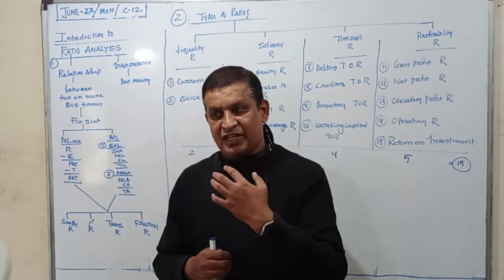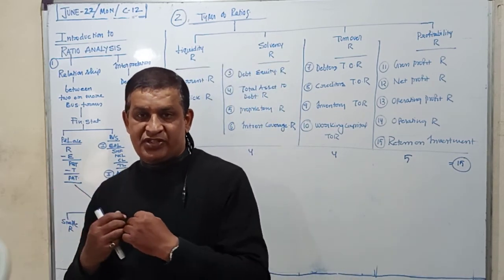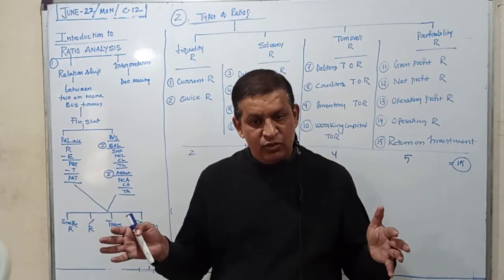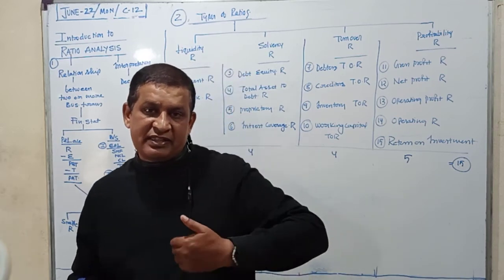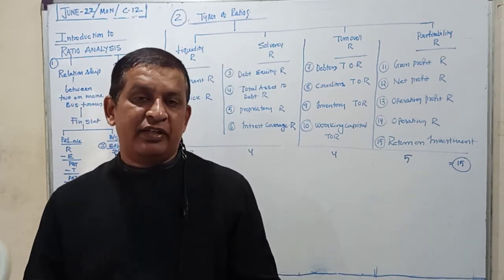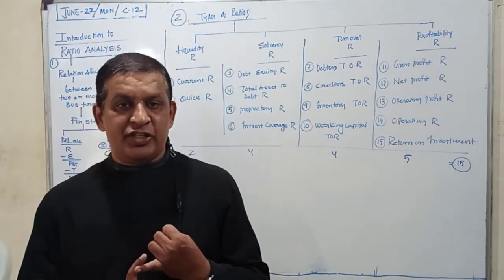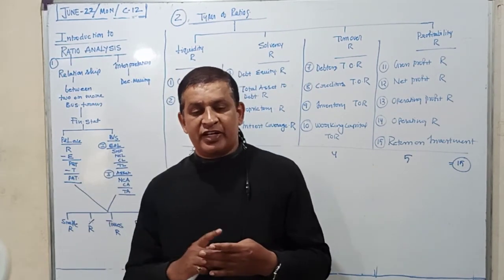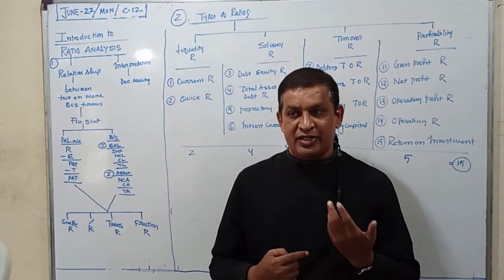So from these financial statements, we draw certain business transactions and we try to relate them. And we express that relationship either in the form of a simple ratio, percentage ratio, times ratio, or a fraction ratio.